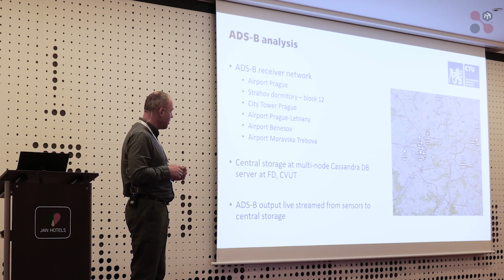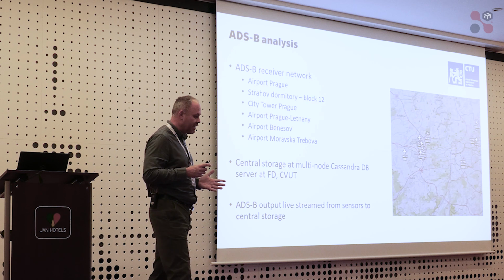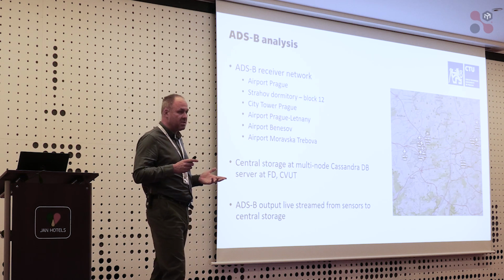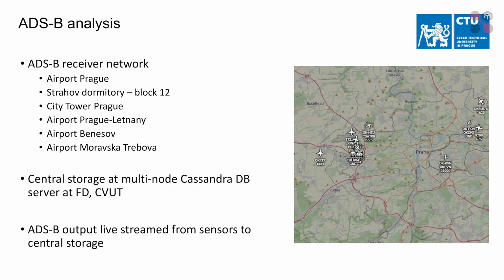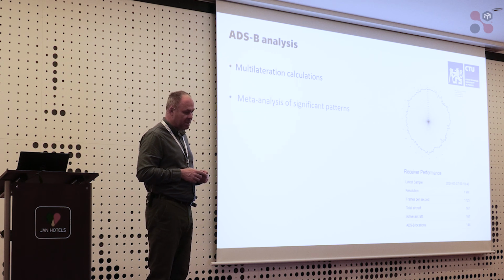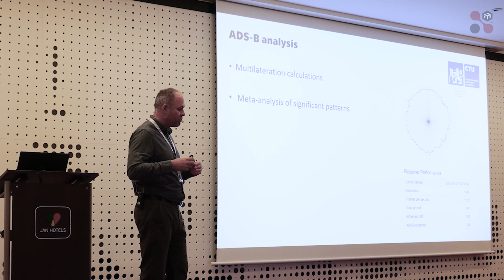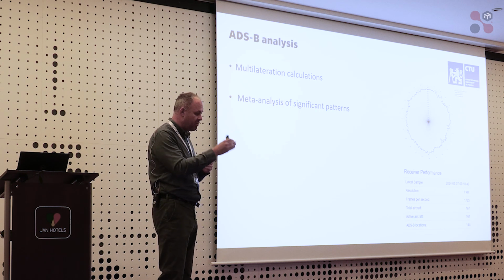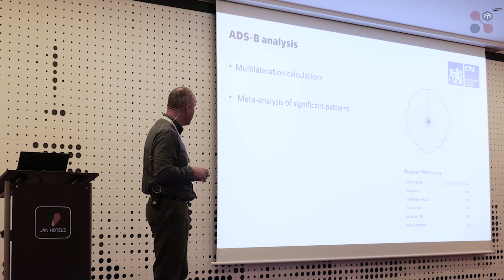And we live stream it out. It's basically like Flightradar, if you have seen Flightradar or similar. However, we have the raw data, so we can work with the raw data and do multilateration calculations again, trying to find the position of the airplane and then compare it with what they are sending.